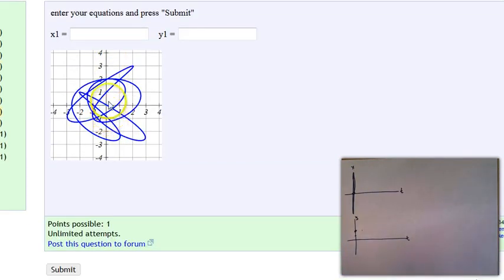Let's do this. I don't know if it really matters. I'm going to start here, and I'm going to go out this big one up to 2.5 here.